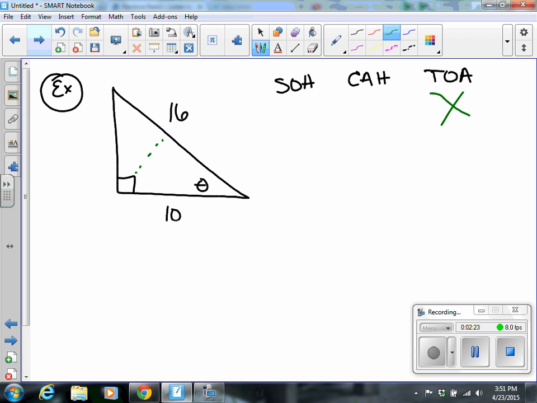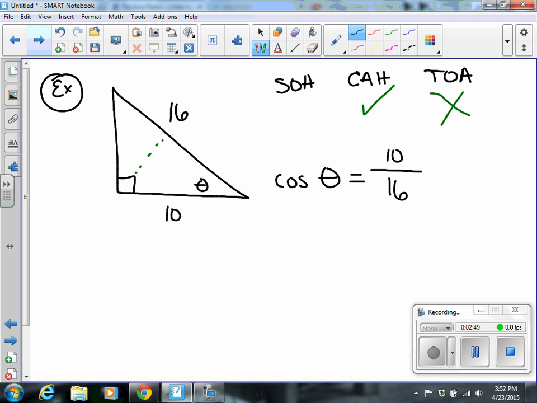The theta and the other side length that is not the hypotenuse, aka the 10, are right next to each other. That means that they are adjacent. So I'm going to be using the cosine. So with this, I have the cosine of theta equals, what's my adjacent side? My adjacent side is 10. My hypotenuse is 16.